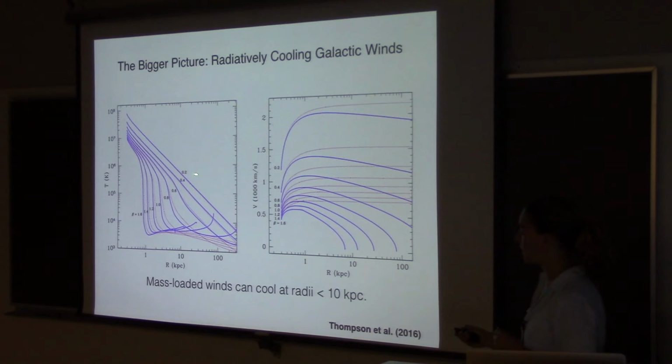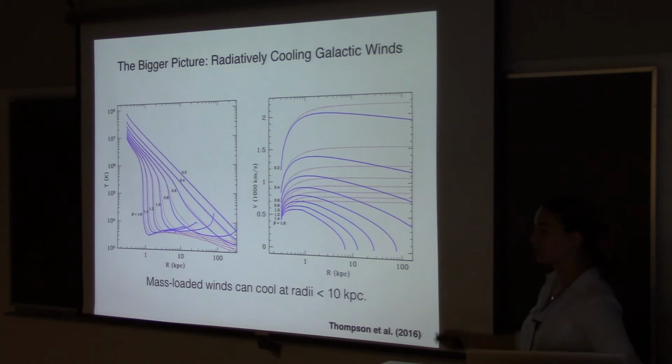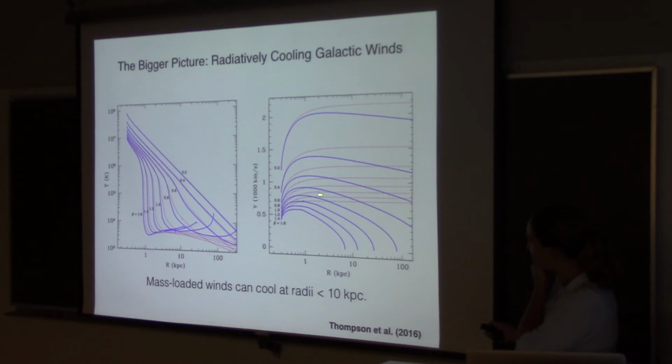And so as you increase the mass loading, you actually are able to undergo thermal instability at relatively small radii in this hot phase as it's cooling adiabatically. And then this gets you down to gas that's of order 10 to the 4 Kelvin, and it's going to be moving at hundreds of kilometers a second.